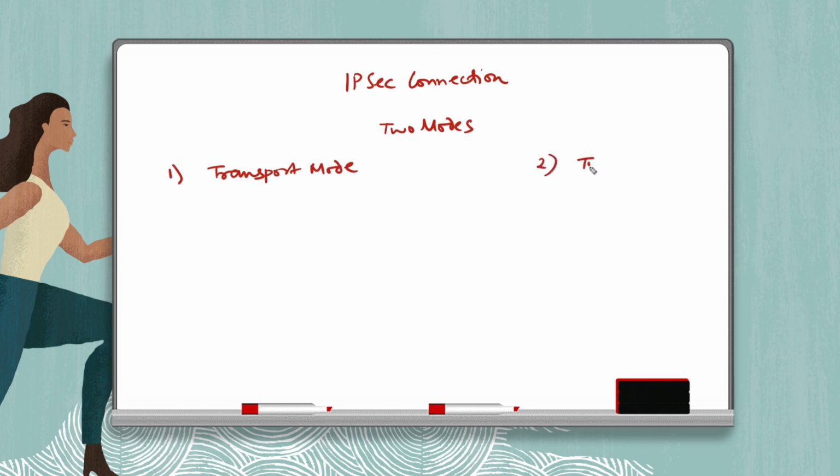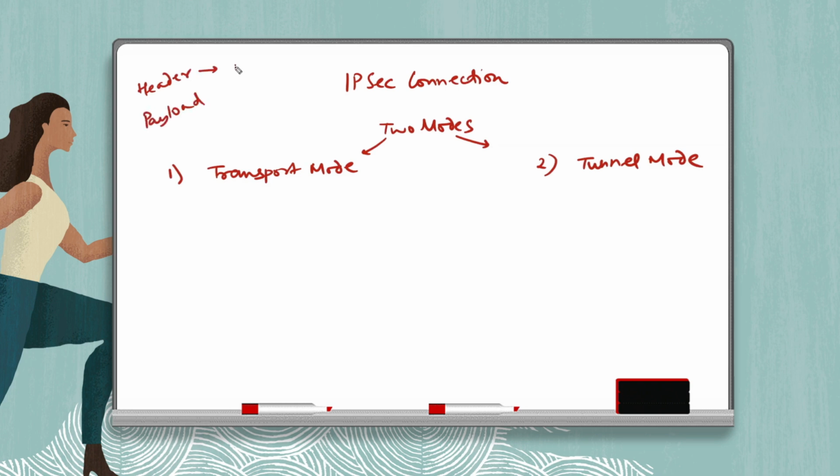Now let's look at the two modes of an IPsec connection. The first mode is transport mode, and the second mode is tunnel mode. Before you understand this, you have to understand the difference between a header and a payload.